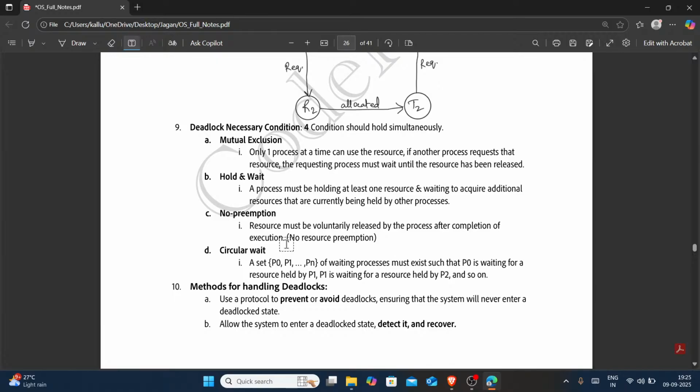Hold and wait: the process must be holding at least one resource.